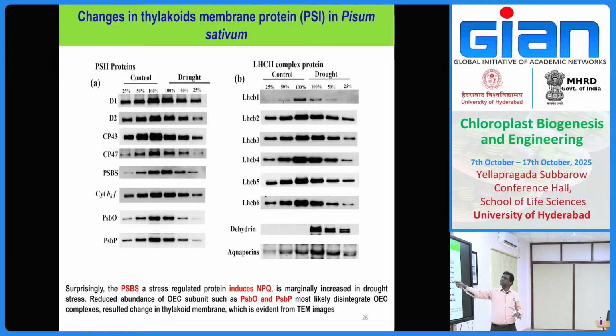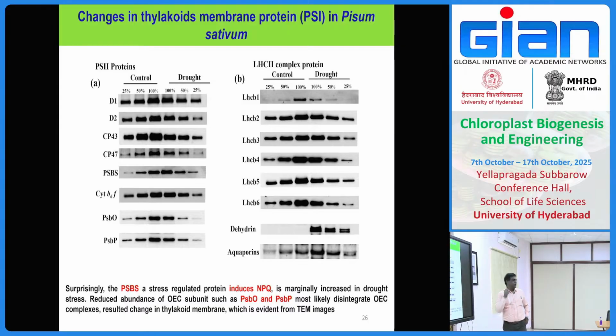Some proteins like CP43, PSBO, and PSBB I already showed you, and the LHCII B, the light harvesting complex of photosystem 2, significantly changed. LHC5 also changed, and LHC6 also changed.